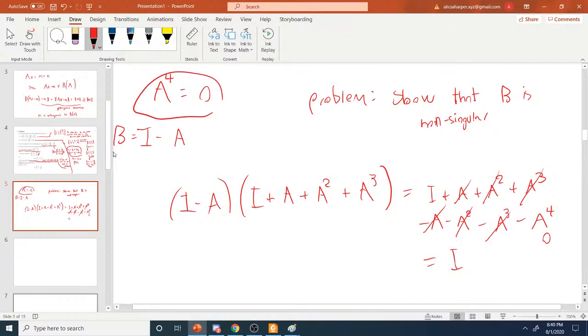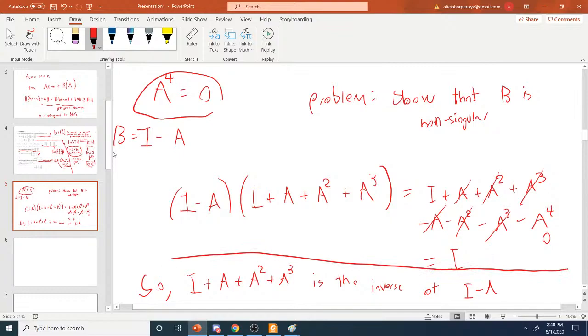So this gives me I. So I plus A squared plus A cubed is the inverse of I minus A. So that's straightforward enough, and this shows that because I minus A has an inverse, it is non-singular.